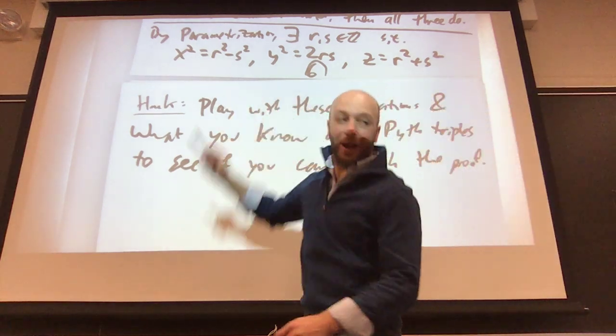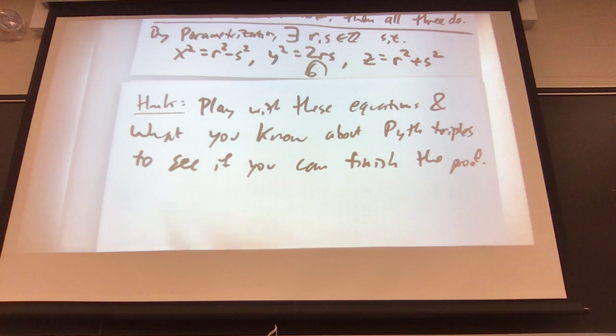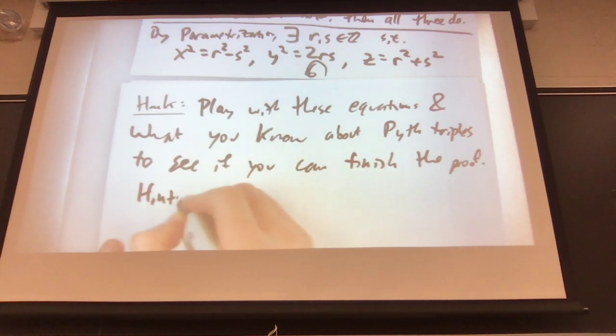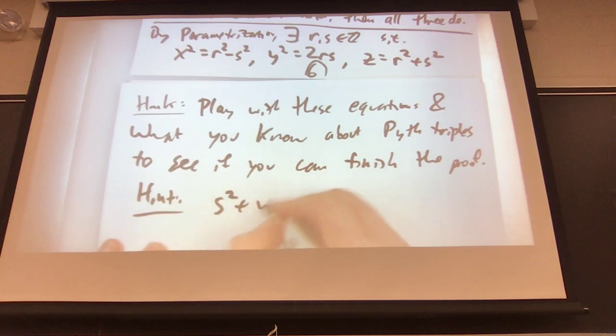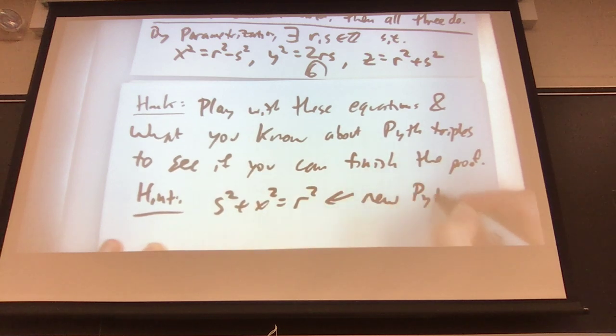You found a new Pythagorean triple. So the hint is that s squared plus x squared is equal to r squared. This is a new primitive Pythagorean triple. You have to argue that it's primitive. It's not hard.